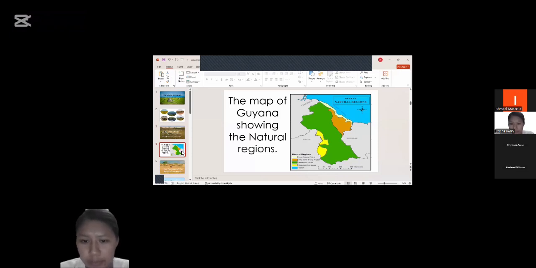So you will see it with a key below. The yellow one says Rupununi savannas, which is also known as the interior savannas, right? So that is where the interior savannas are located, and that is the smallest natural region that we have.